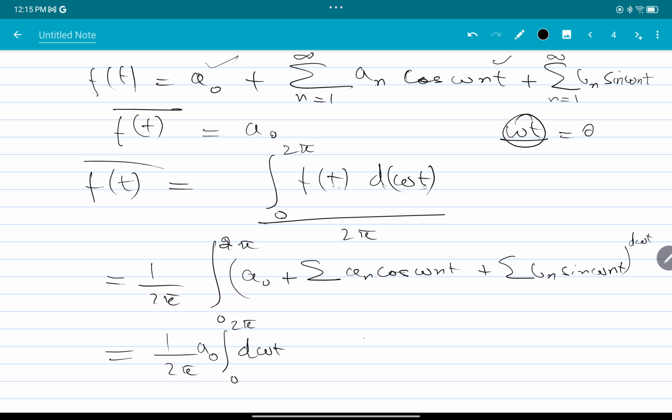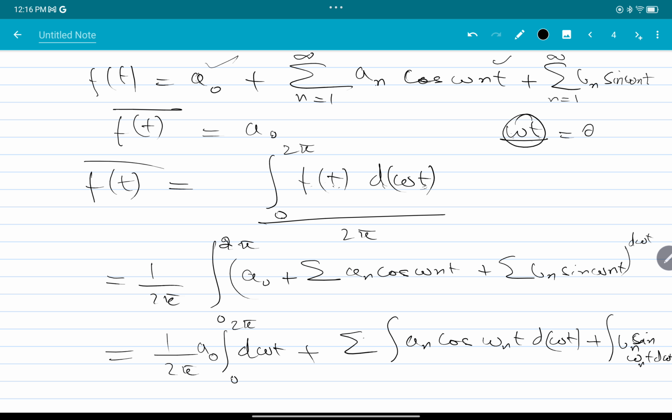Now you have another thing, then one more thing: I have taken the integral inside this summation sign, a n cos omega n t d omega t, plus similarly b n sin omega n t d omega t.